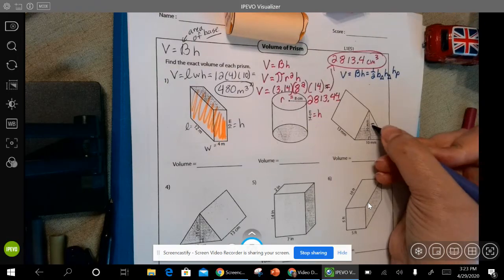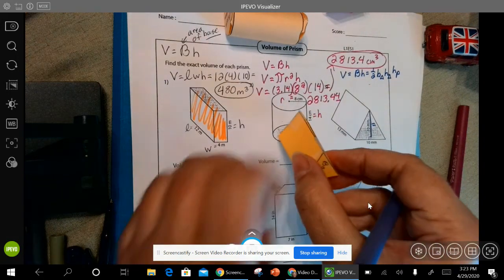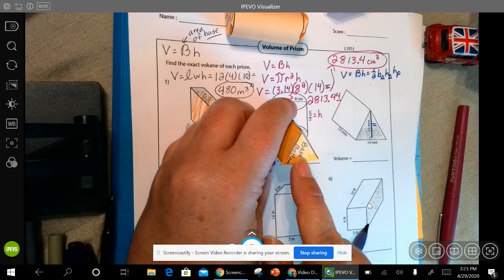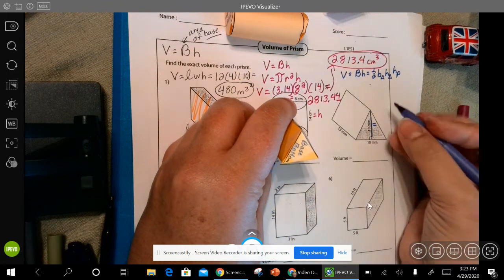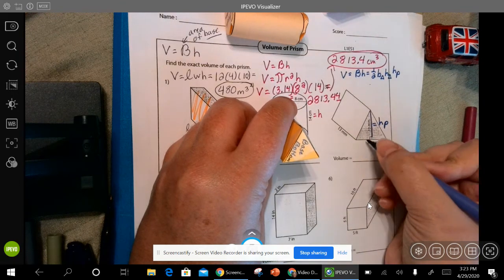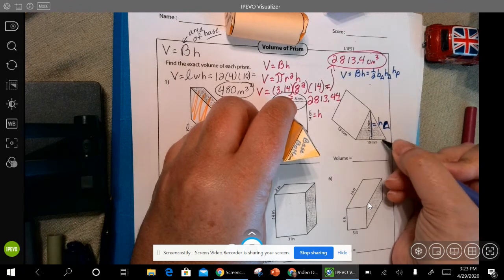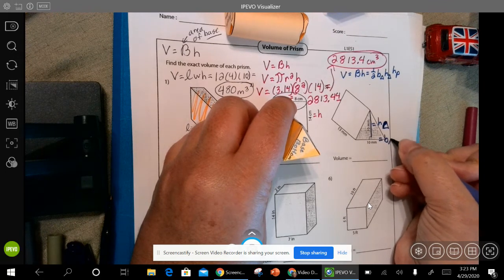Okay, so if you look at this, this is the tent. So we're looking right here, everybody. Sorry, the height of the triangle, height of the triangle. This is the base of the triangle.